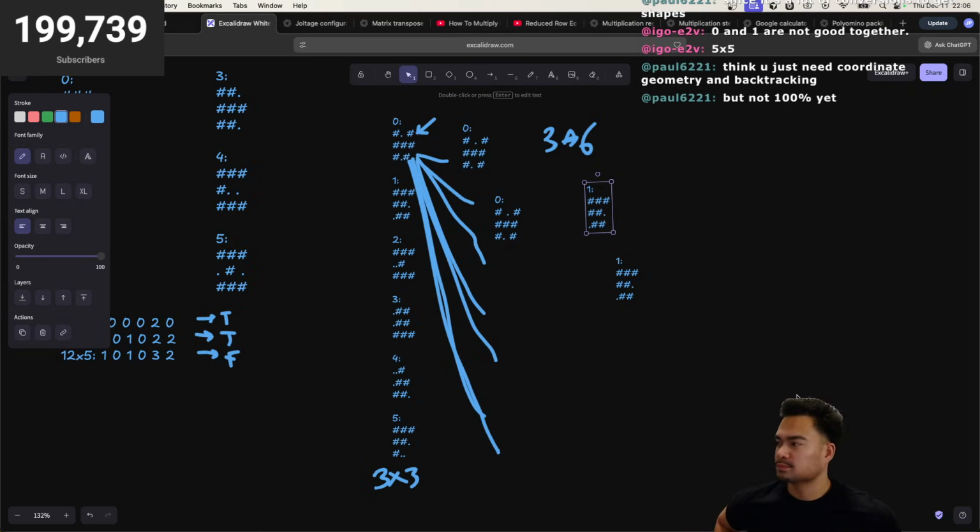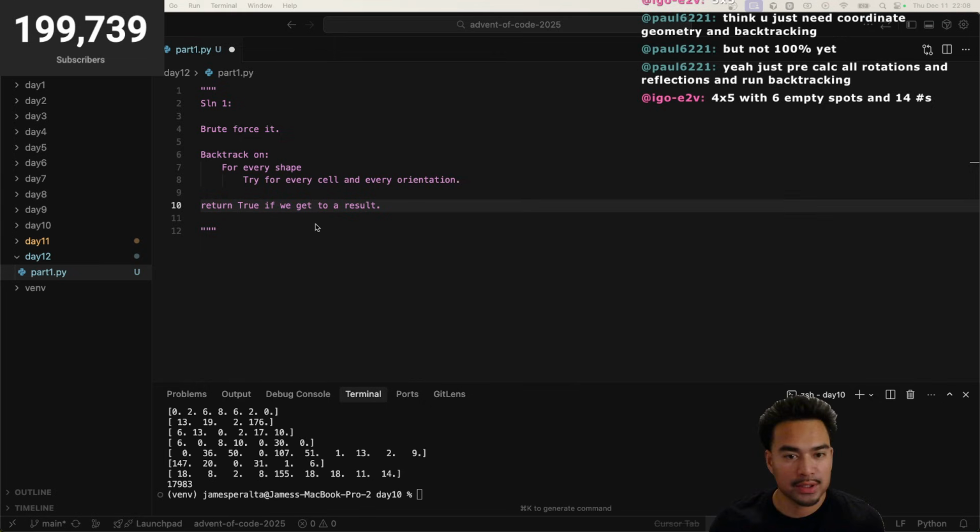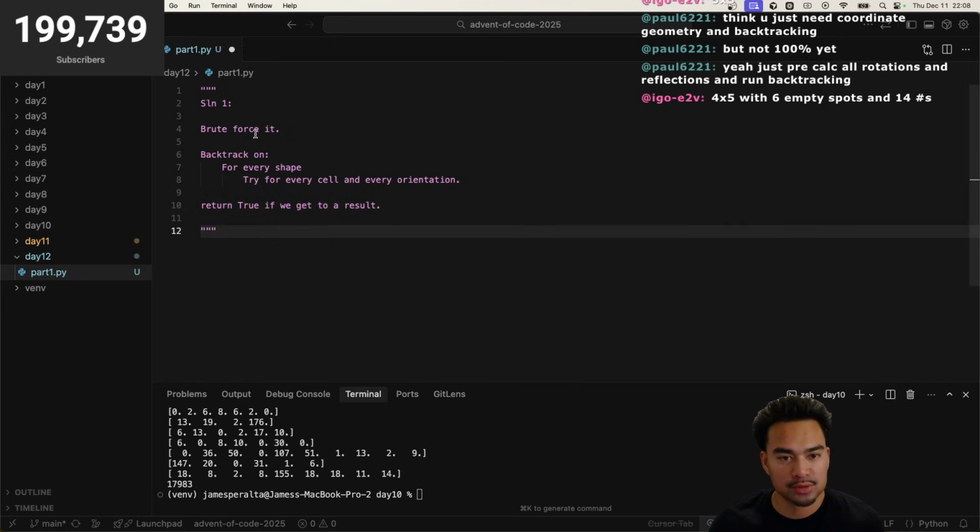Damn. Okay, wait. Let me take a break quick. Let me write down some of the approaches I'm thinking. So brute force it. Backtrack on every shape. Try every cell and orientation. But I multiplied this out and there's way too many options.